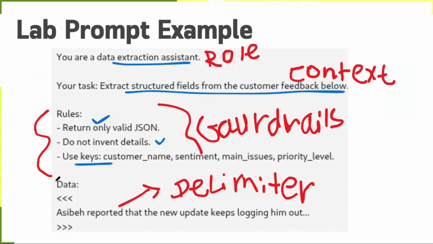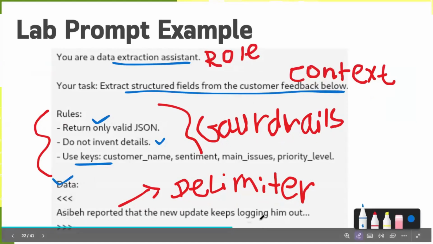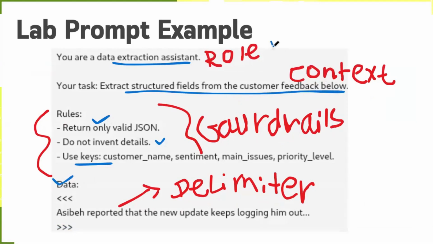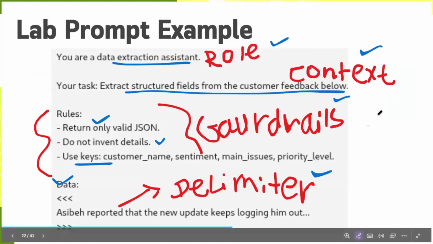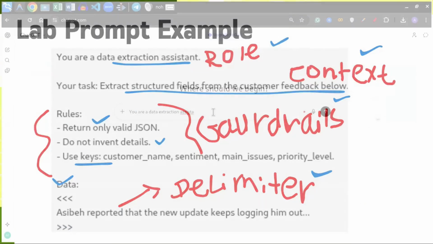Data in delimiters: Sibach reported that the new update keeps logging him out." When everything is set up correctly, role, context, guardrails, output format, and delimiters, you get clean, predictable results that match your expectations. Let's do this in ChatGPT and see the output.